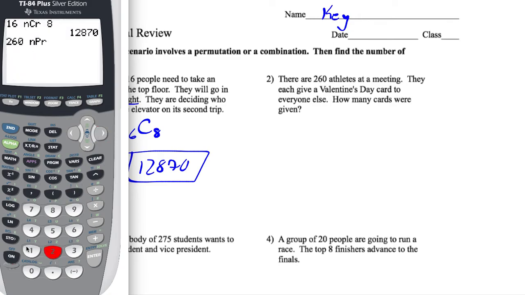Well, we're giving a card to 259 people. No, that doesn't make sense. 260 athletes at a meeting.